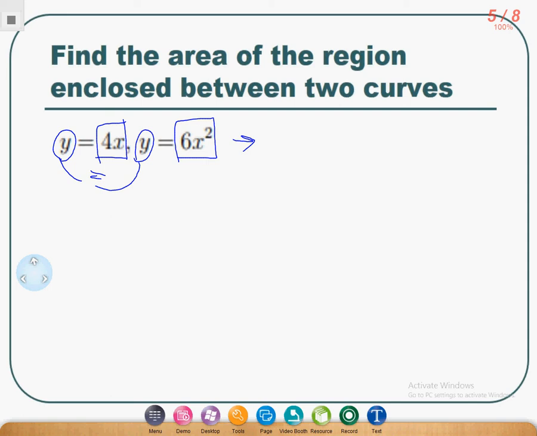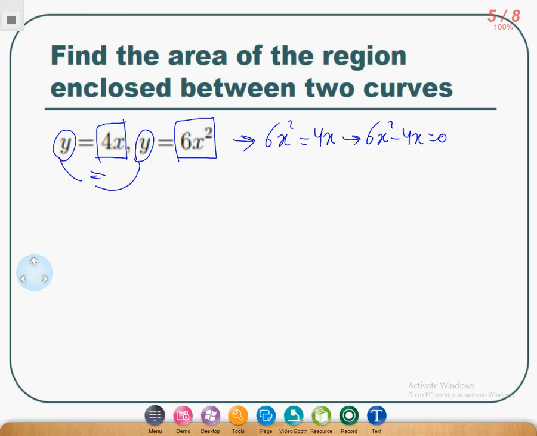So I will put 6x squared equals 4x. Make it a zero equation by moving 4x to the other side: 6x squared minus 4x equals 0. You can use your calculator to get the answer or use your mind.